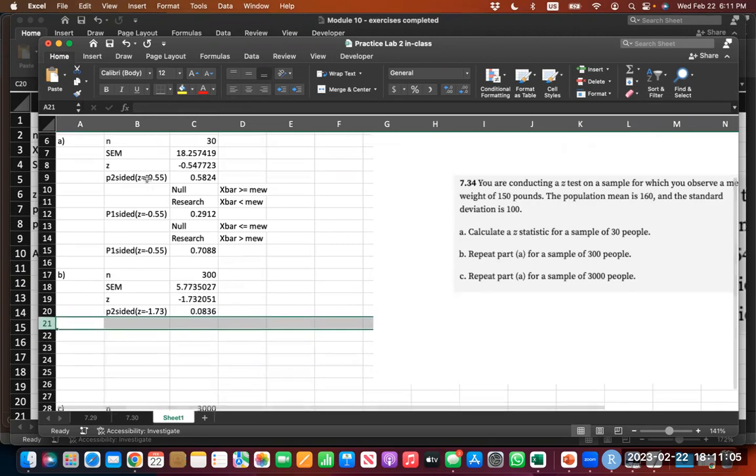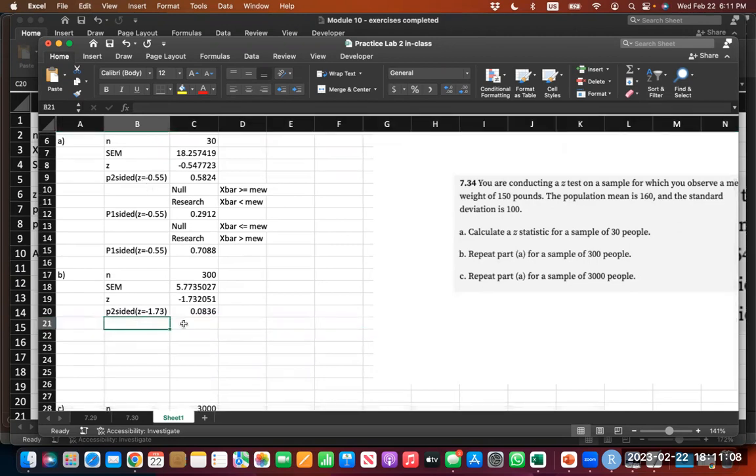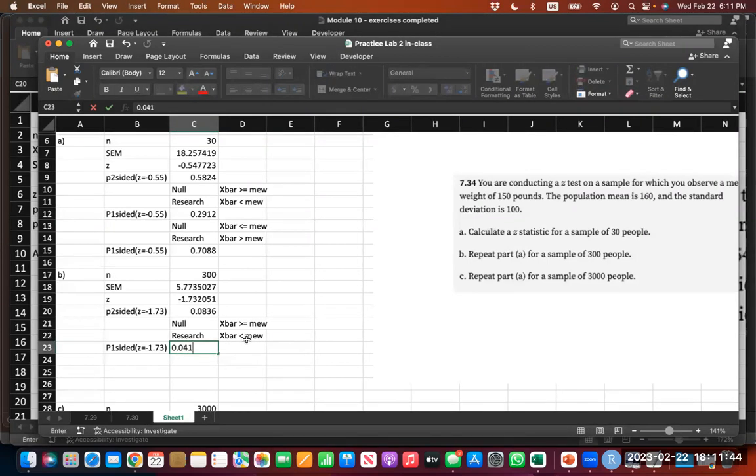If we say this is a P one-sided now, so we have a null hypothesis of X bar greater or equal mu and the research hypothesis of X bar smaller than mu, then our P one-sided corresponding with our z-score of minus 1.73 would be, and again the research hypothesis drives which area under the curve you're interested in, 0.0418.